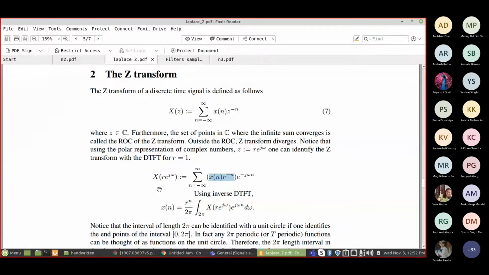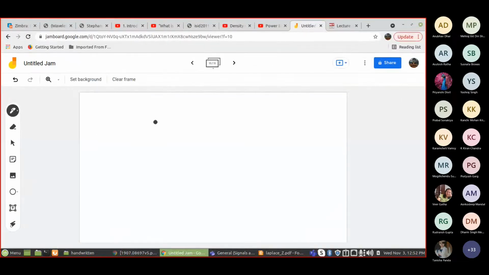Just as we did in Laplace with its inverse, the inverse DTFT gives us the inverse Z transform. This 2 pi integral, we can identify with a unit circle. Whether we have this 0 to 2 pi, or we are integrating over omega varying from 0 to 2 pi, these are the same.